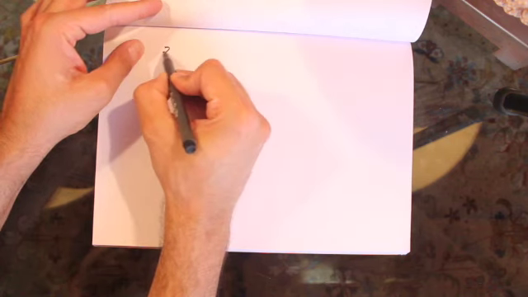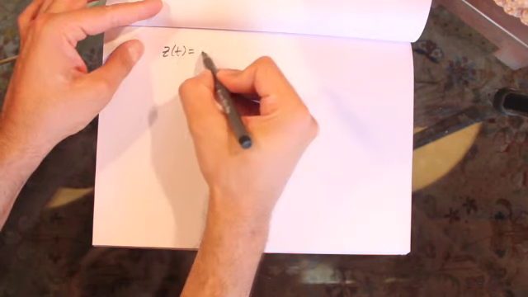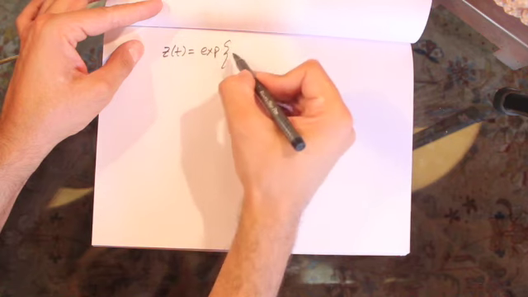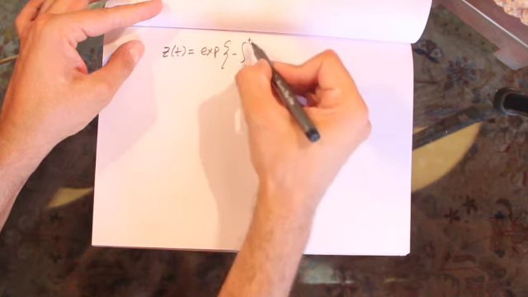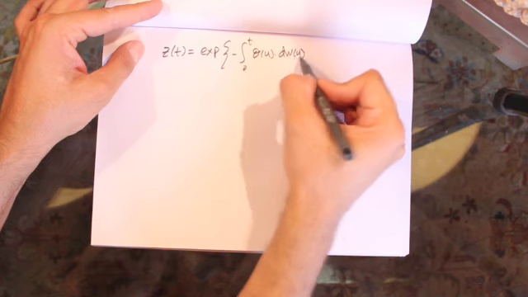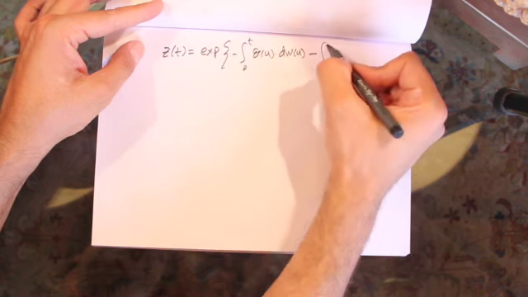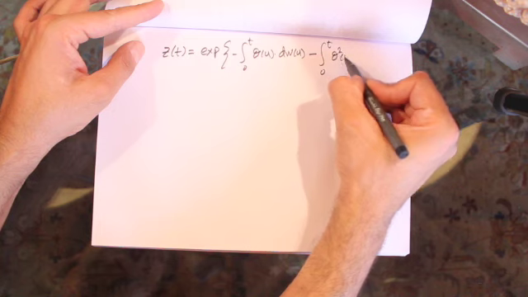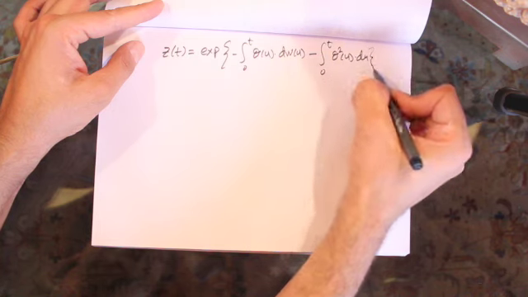Okay, so if you remember when we talked about Girsanov's theorem, that time we had defined a Radon-Nikodym derivative as Z(t) equals exp of minus integral 0 to t theta(u) dW(u) minus integral 0 to t theta squared(u) du, right?